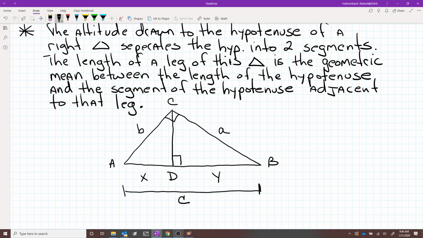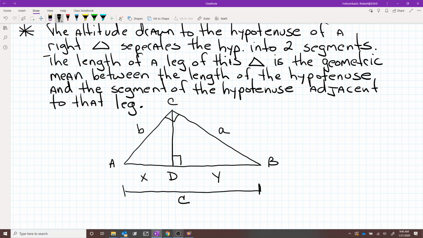The altitude drawn to the hypotenuse of a right triangle separates the hypotenuse into two segments. Your two segments now are x and y. The length of a leg of this triangle, that means either side B right here or side A, is the geometric mean between the length of the hypotenuse and the segment of the hypotenuse adjacent to that leg.